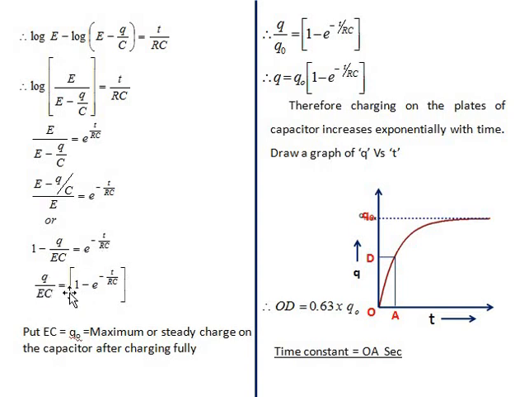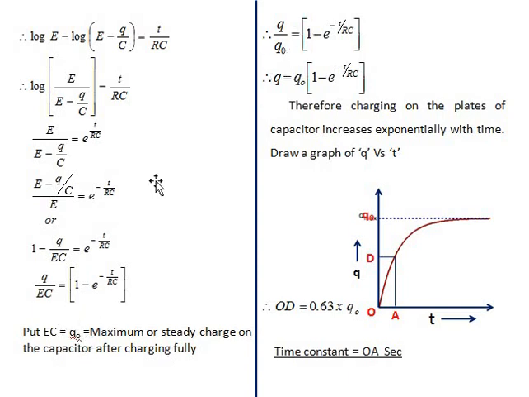Q by EC is equal to, taking this 1 to the right side, 1 minus e raised to minus T divided by RC. Now put EC equal to Q naught, that is the maximum or steady charge on the capacitor after charging fully. When the capacitor gets fully charged, Q naught is the charge on the capacitor.